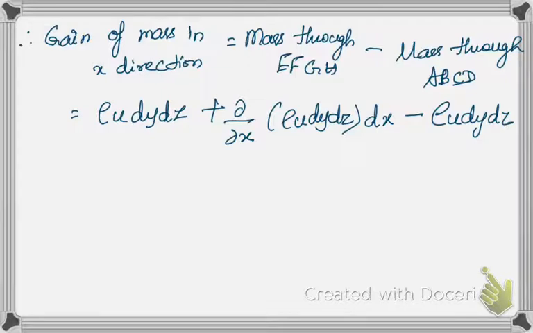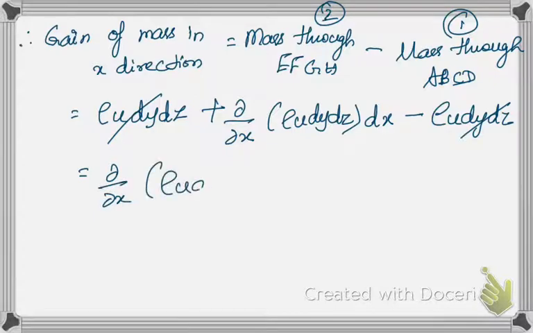I am taking this as equation number 2 and this as equation number 1, so this and this will get cancelled. So the gain of mass in x direction is going to be dou by dou x of rho u dy dz into dx. Keep this as equation number 3.